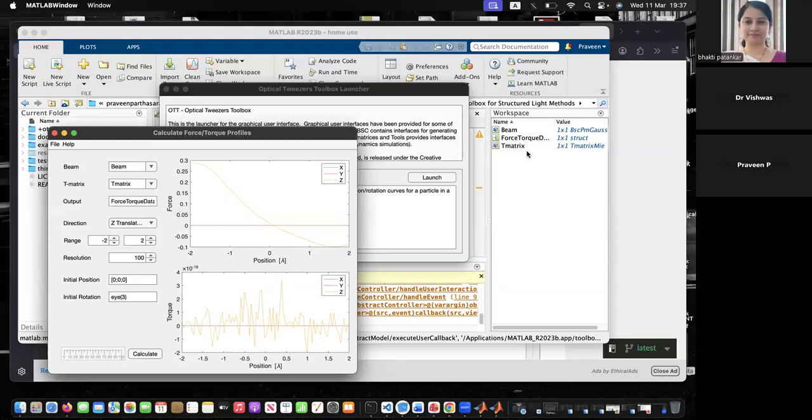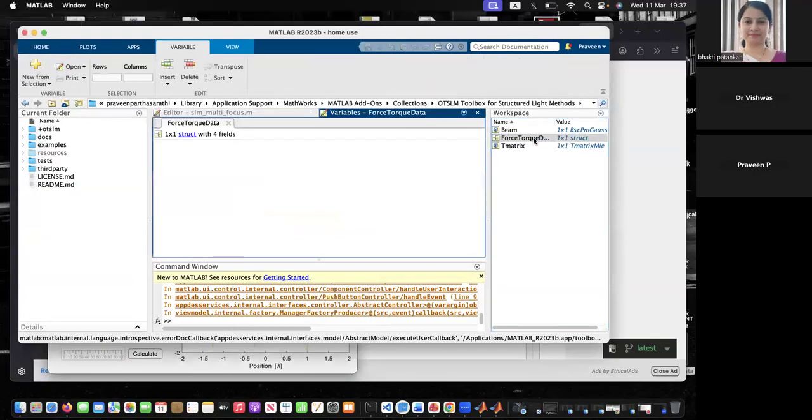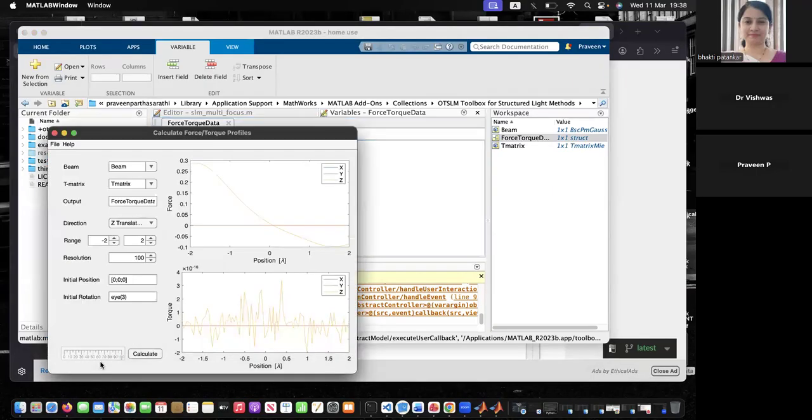If you are well versed with MATLAB, you can go here, bring up the force torque, and copy this down to Excel or whatever you prefer, and you can try out various things with it.